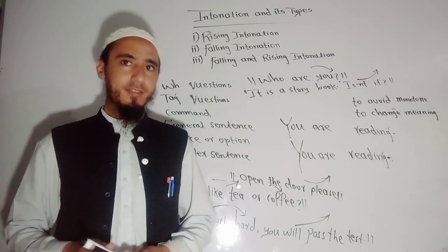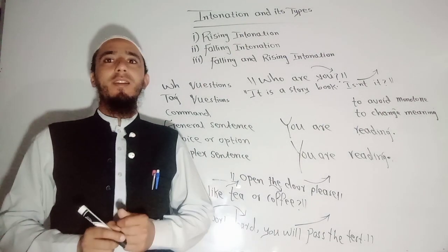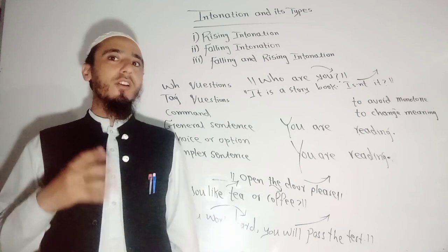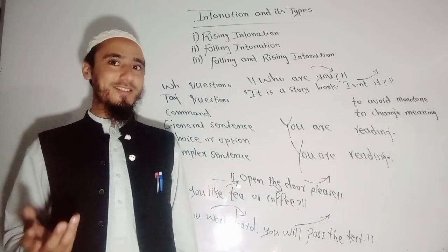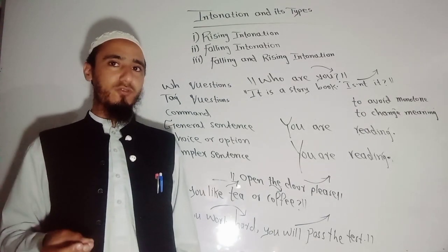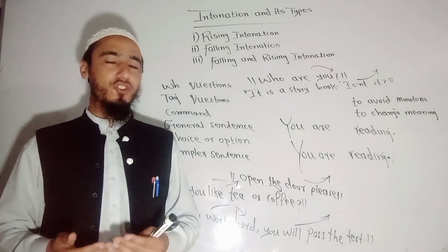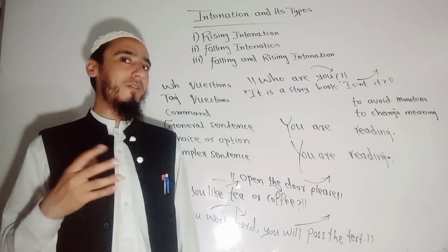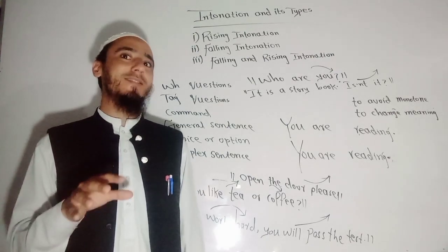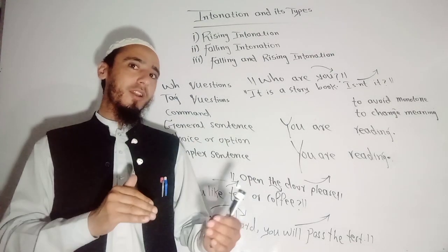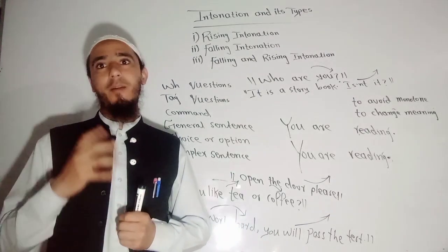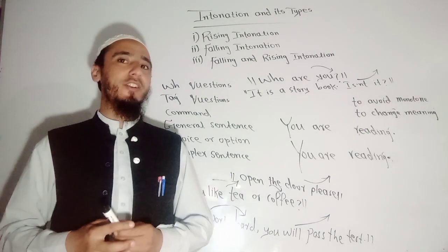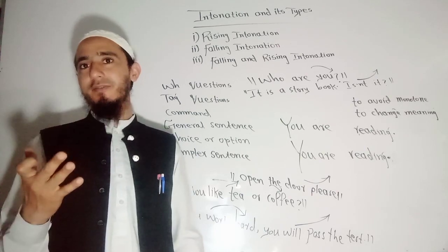So listeners and audience, I think this topic is clear. Today I talked about what is rising intonation and what is falling intonation. First of all, let me revise it in short. Intonation is the rising and falling of our voice in speaking. And then we have three types of intonation.